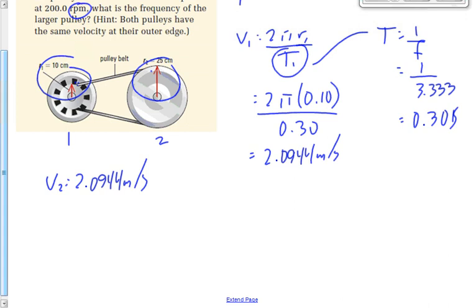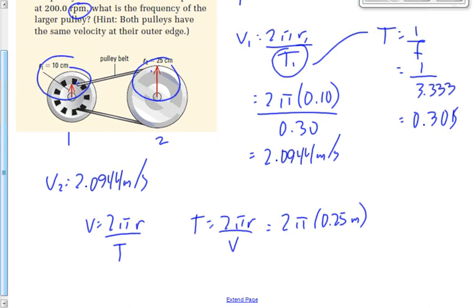Yep. Okay, let's find the period here. T is equal to 2 pi r over v. It's not what I'm looking for. Maybe it leads me to what I am looking for. Maybe it doesn't. It's okay because it's valid and it's something. Usually, Zane, when you solve for something, it is going to help you, right? Not always, but usually it is. It's worth a try at least. So we get 2 times pi times the radius of the second one, which is 0.25 meters, over the speed of the second one, 2.0944 meters per second.